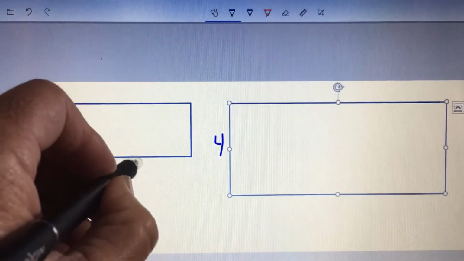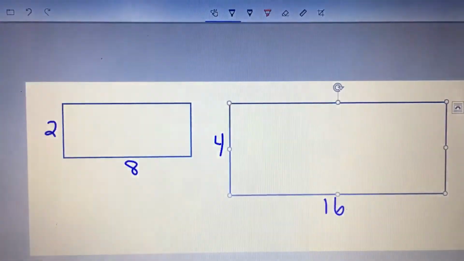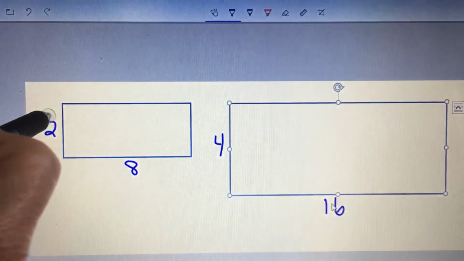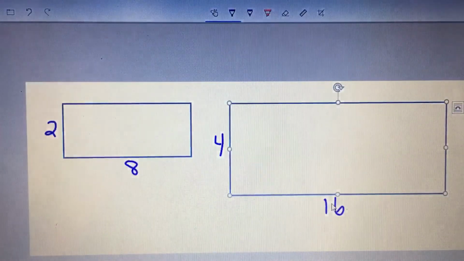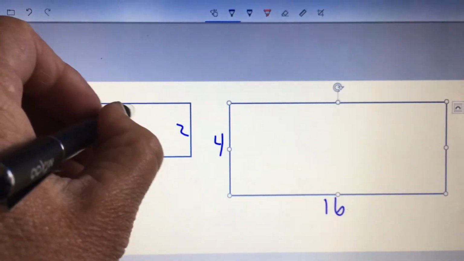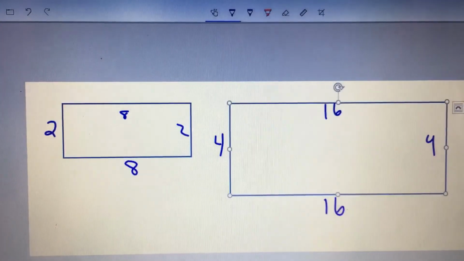And then let's say this was an 8. This one has to also be twice as big. So it's not like this side can be twice as big but this side can be 3 times bigger. It just doesn't work that way. They're called proportional because if you divide 4 by 2 and 16 by 8, it's both 2. They're both twice as big. And then of course, since it's a rectangle, this would also be a 2 and an 8, and this would also be a 4 and a 16. So that's what that means.